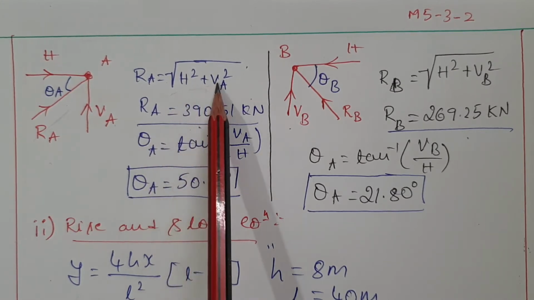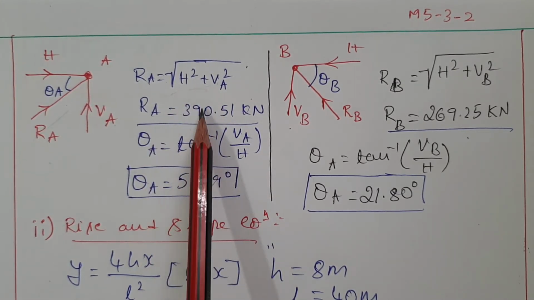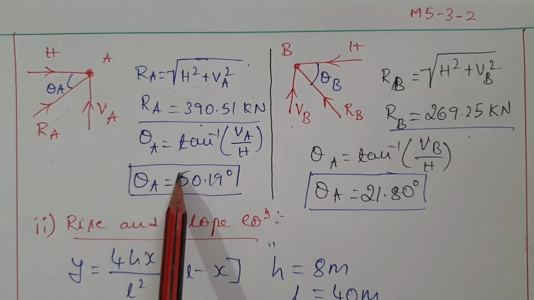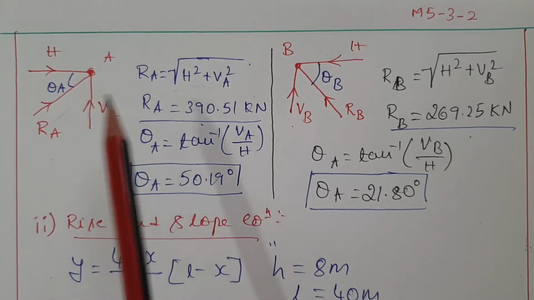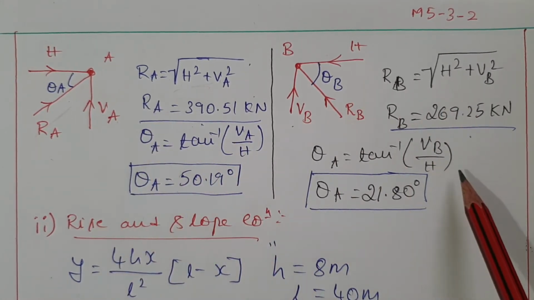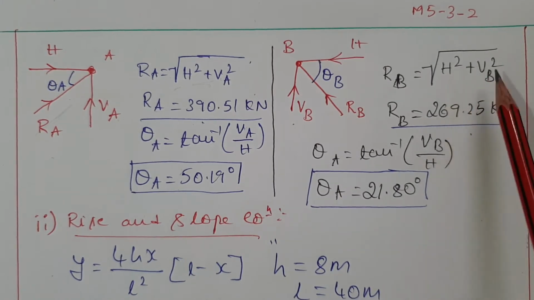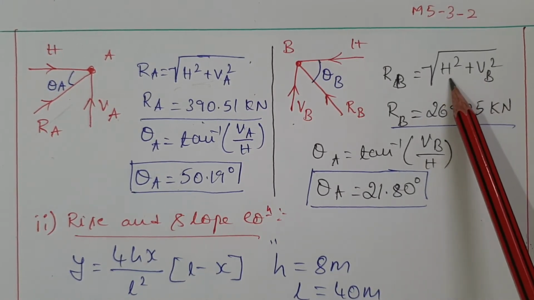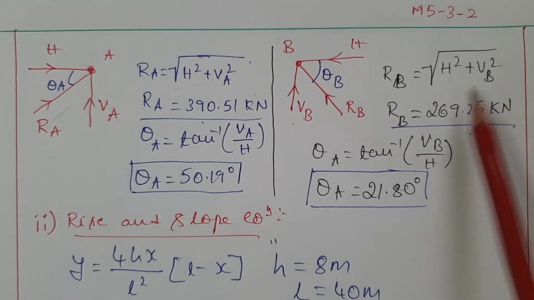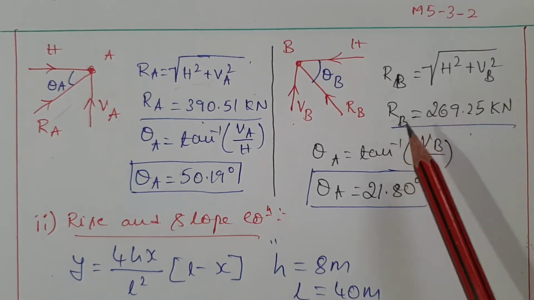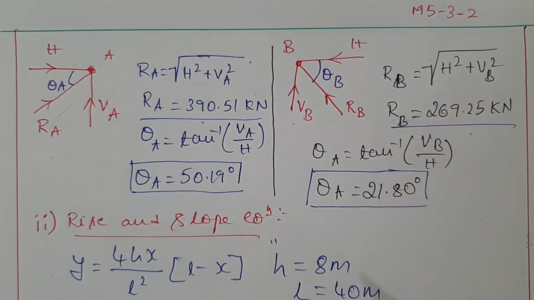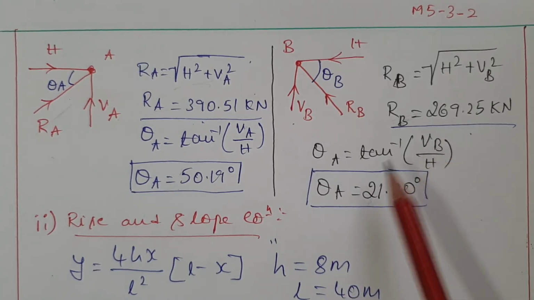If you substitute the H and VA values, you get the resultant RA as well as the direction, vertical by horizontal. Similarly for point B, you take the H value and VB value and calculate the resultant, which I consider as RB, and you can calculate its direction using the formula.